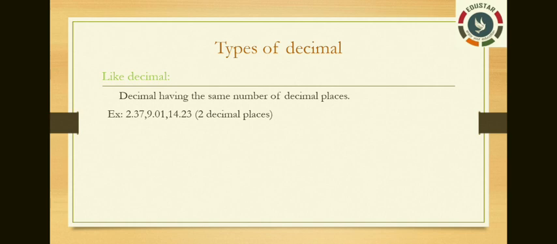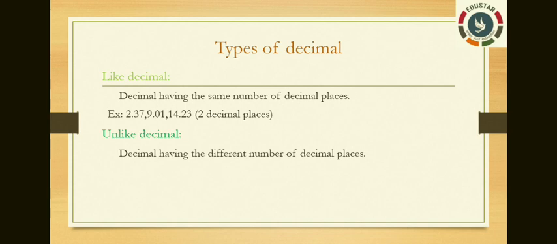These are like decimals having two decimal places. Next one, unlike decimals. Decimals having different numbers of decimal places. Example: 1.12, 2.329, 42.8.